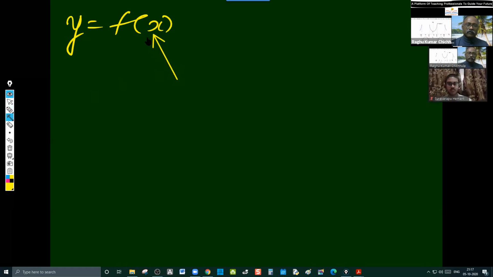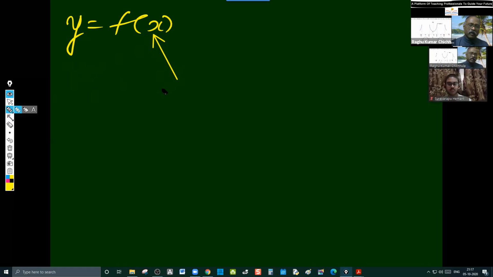And if you remember the domains and ranges of trigonometric functions, the graph is easy to understand. But before that, what is the domain and what is the range? If you take any mathematical function, for example, y is equal to f of x, whatever value you give to the function is nothing but the domain.